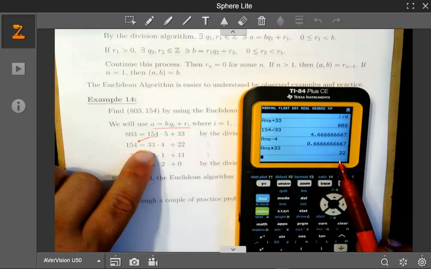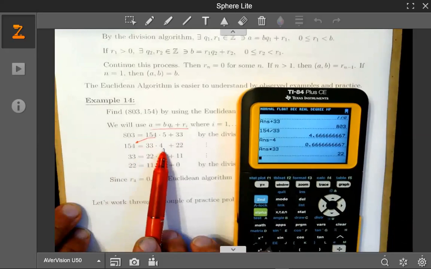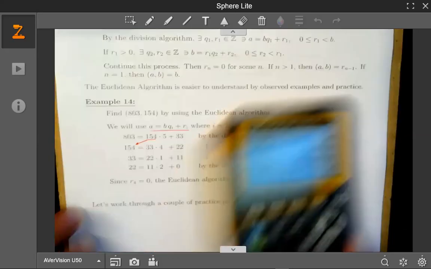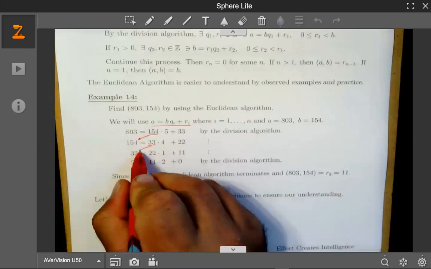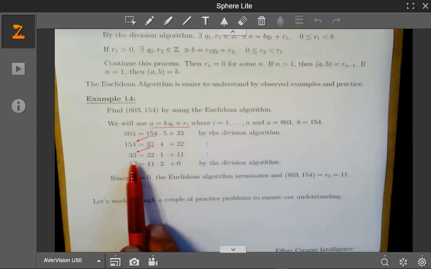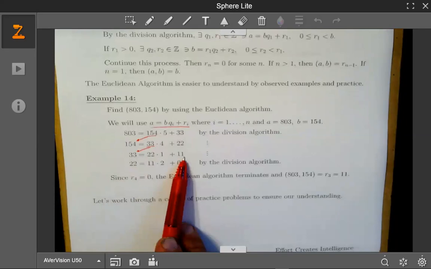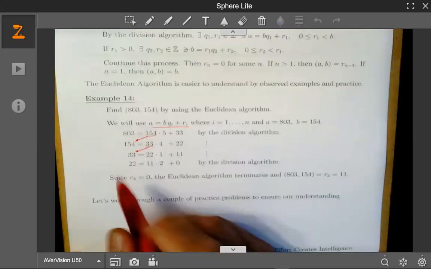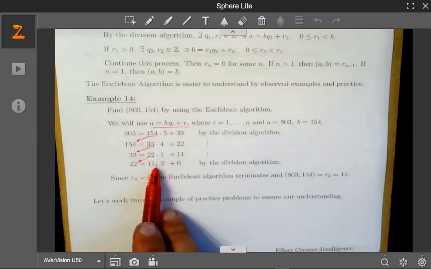So 154 is equal to 33 times 4 plus 22. Then we take this and we go again. Well, 33 is equal to 22 times 1 plus 11. So then we go again. 22 is equal to 11 times 2 plus 0.